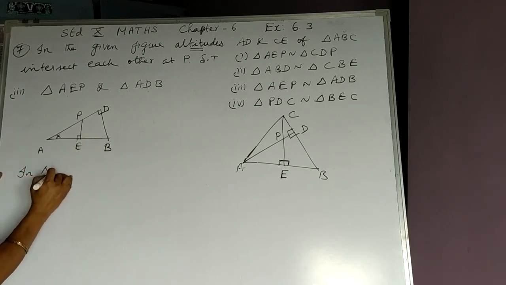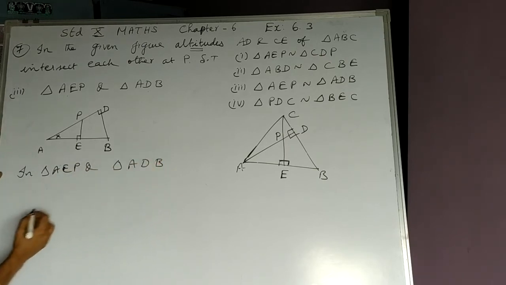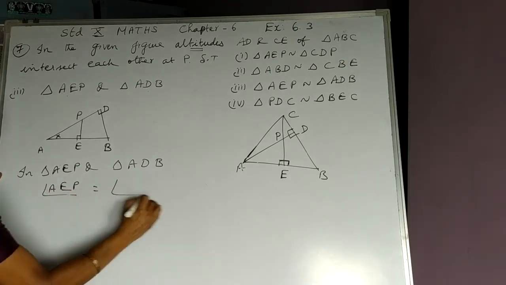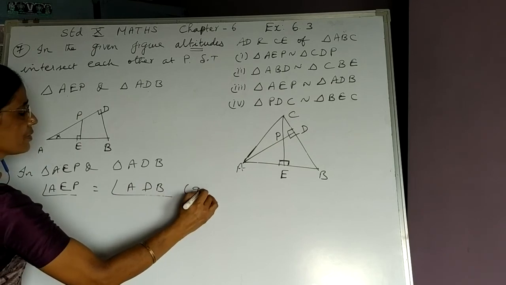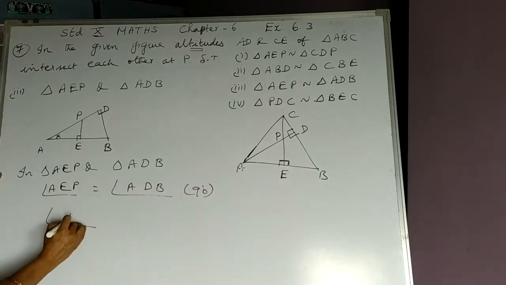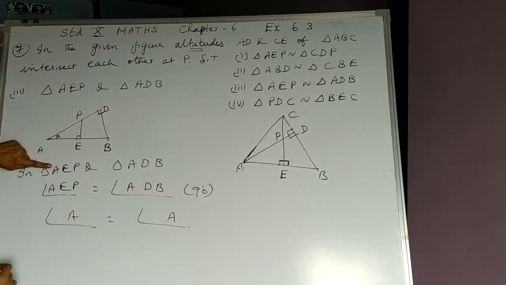So I write, in triangle AEP and triangle ADB, angle E, which is AEP, here also angle D, which is ADB, of which it is 90 degrees. Which is the common angle? A is the common angle present in both the triangles. How do we write angle A?